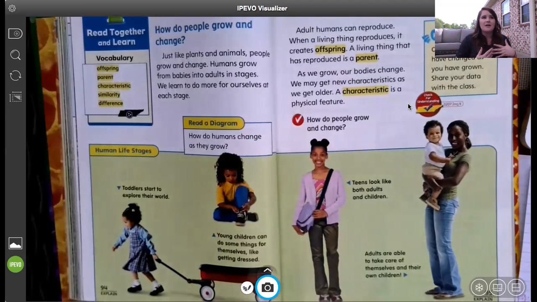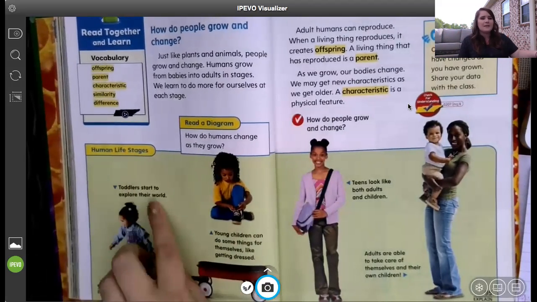So maybe you have your mom's hair, or you have your dad's eyes, or you have the same nose, or something like that. A parent passes on those characteristics, those physical features of how we look to the baby.